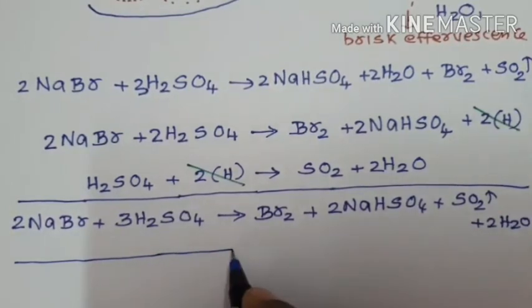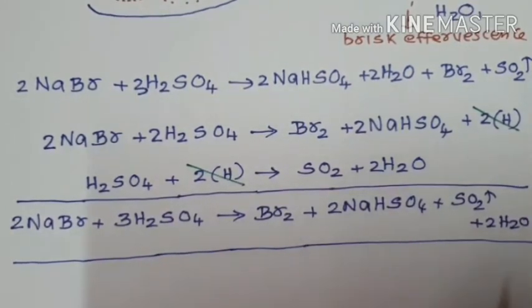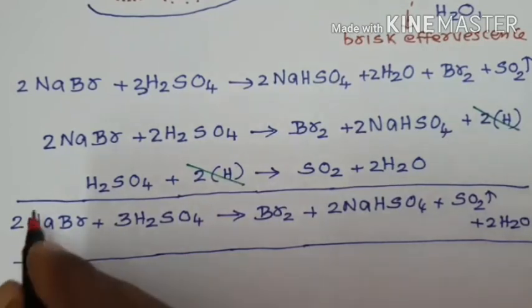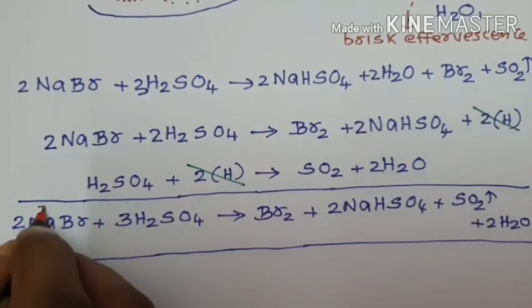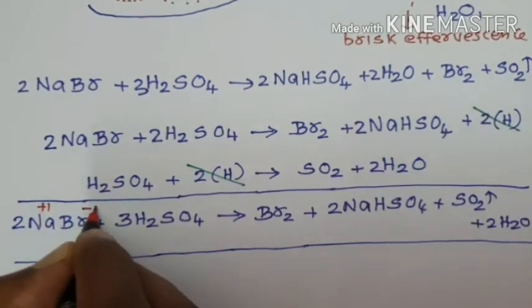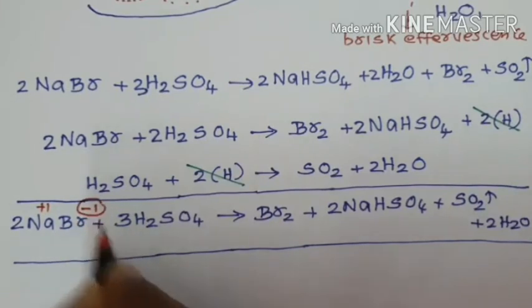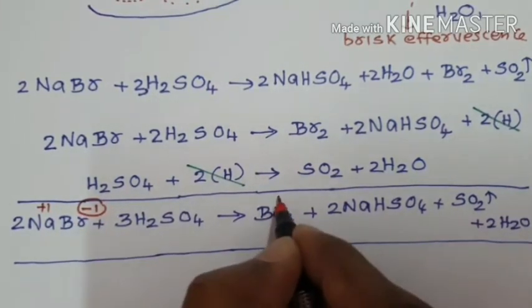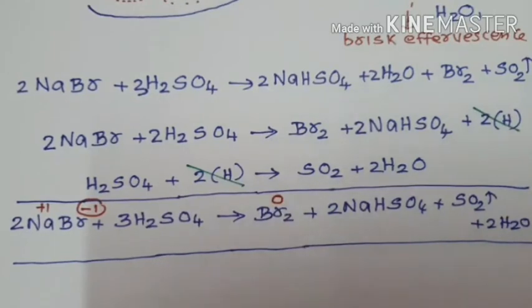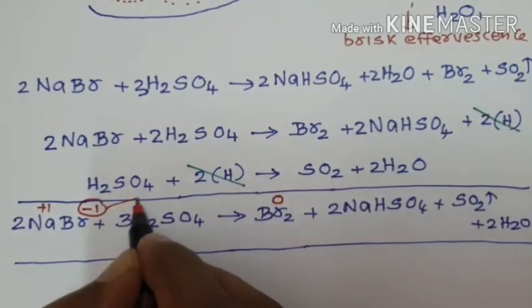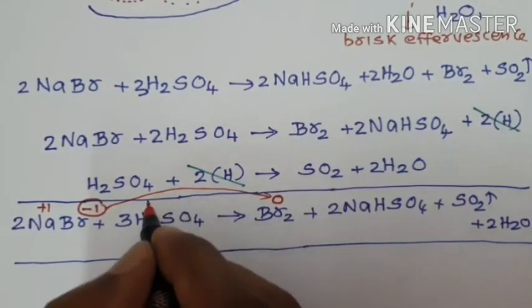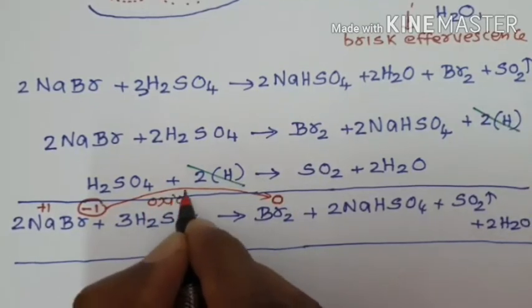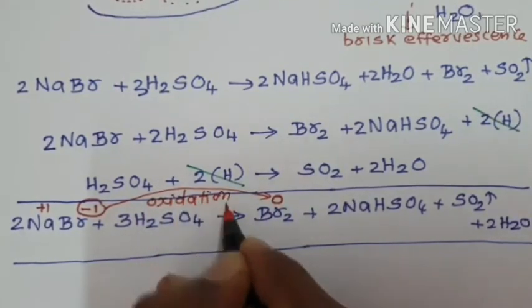So in this reaction, sulfuric acid oxidizes NaBr into Br2. How? In sodium bromide, sodium is monopositive, therefore bromine is 1 minus. In Br2, homogeneous diatomic, the oxidation state is 0. When you move from left to right, the oxidation number increases, therefore it is called oxidation.